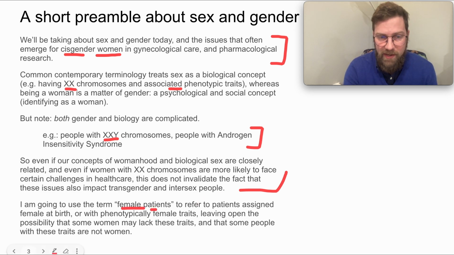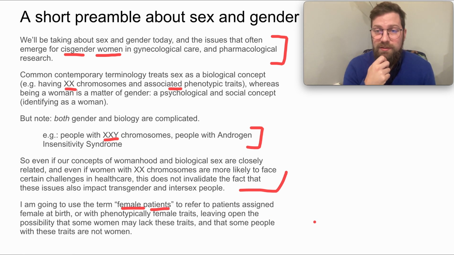That's to talk about having certain biological sex characteristics, because that's what the issues I'm going to talk about are really going to be focusing on. But I don't want to claim that, even though these are issues typically faced by people who identify as women, some of these problems will be faced by people who do not identify as women, and some people who identify as women won't deal with these specific problems.